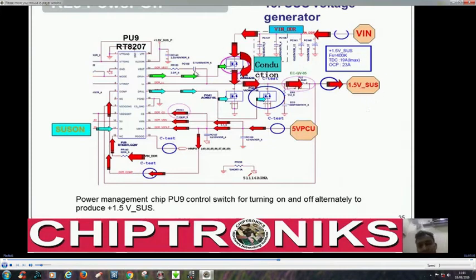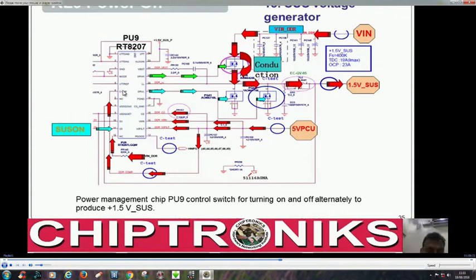And to check this regulator, what things we need to check? First, we need to check whether Vin is there or not. Second, these pins are connected with the 5V PCU, so we must check whether this 5V PCU is there, and obviously this will be there because these have already been generated. But you can see this is connected to feedback.